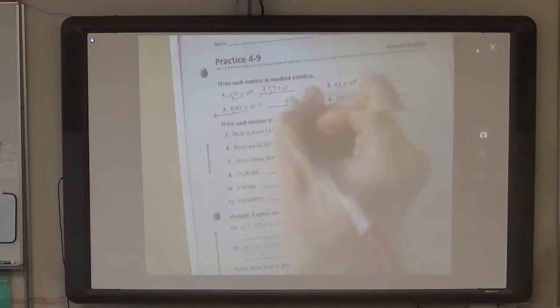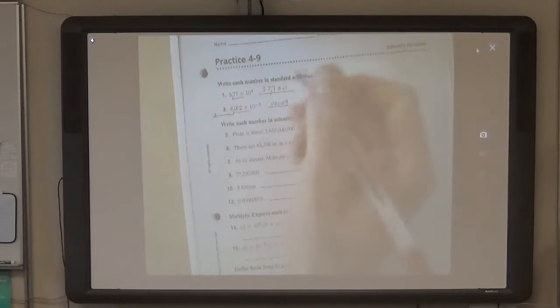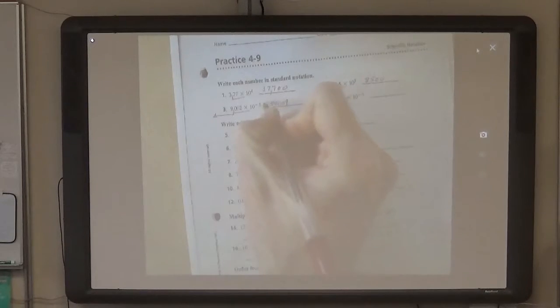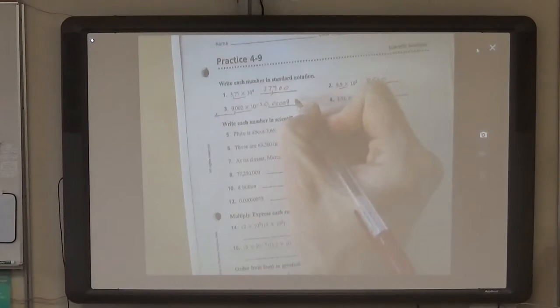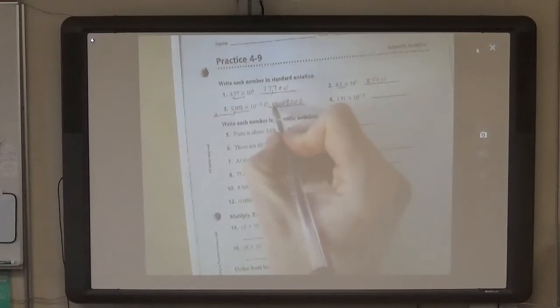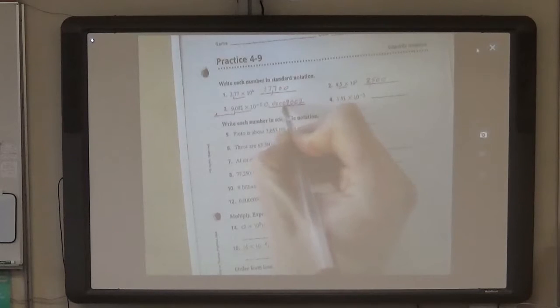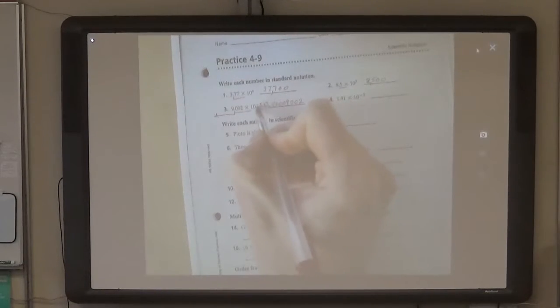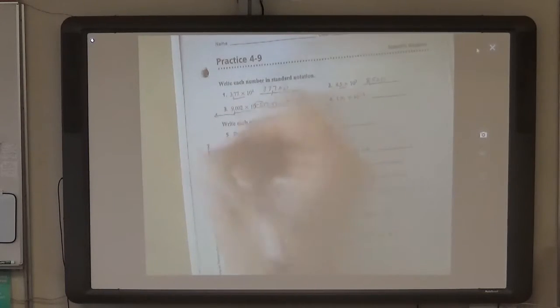So this is 1, 2, 3, 4, 5. And then 0, 0, 2. So this is 3, 4, 5. Because it's 10 to the negative 5th power. You have to move it 5 places over.